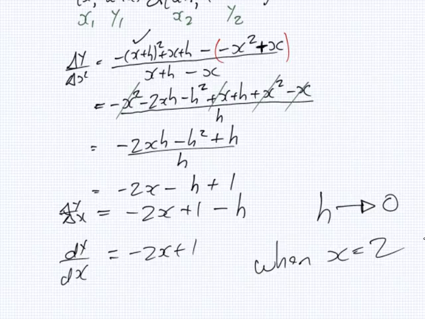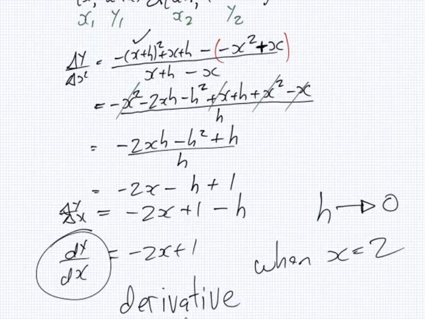So you heard me use a word that you already know. But slope of tangent, this thing here, is called the derivative. It literally means slope of the tangent. It's exactly the same as slope of the tangent. So if I said find the derivative, it means find the slope of the tangent.